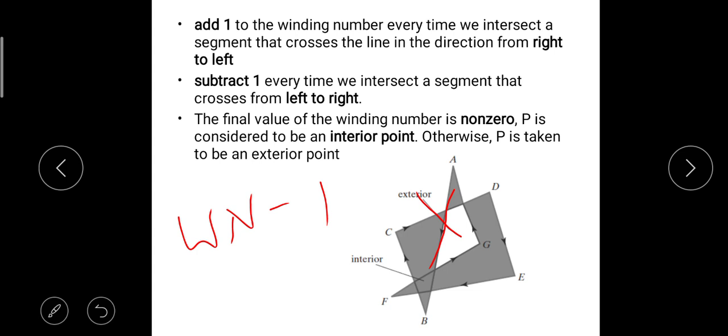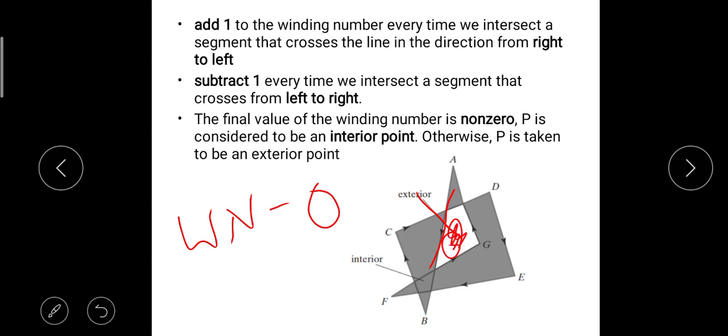So when it is left to right, you need to subtract 1. Already we have the winding number as 1, so subtracting 1 it becomes 0. We don't have any other line segments intersecting our reference line, so the winding number becomes 0. So if the winding number is 0, then the conclusion is that that particular region is an exterior region.